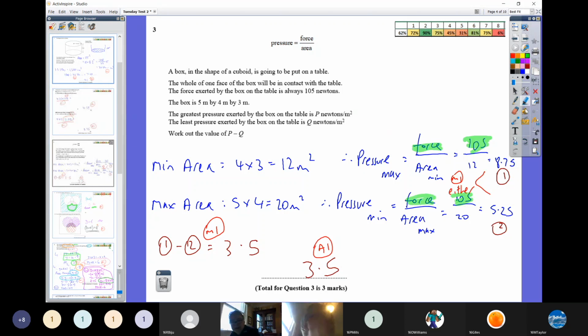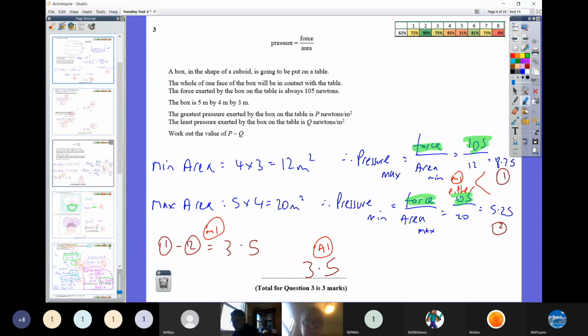Now, when I want to maximize my pressure, I want to minimize my area. So when I've got the box of 5 and 4 and 3 dimensions, how would I place that box in order to have the minimum area on the table? Well, my two smallest sides are 4 and 3.